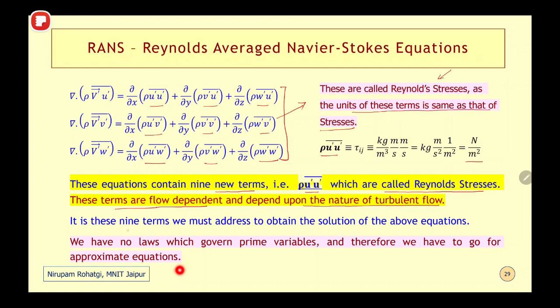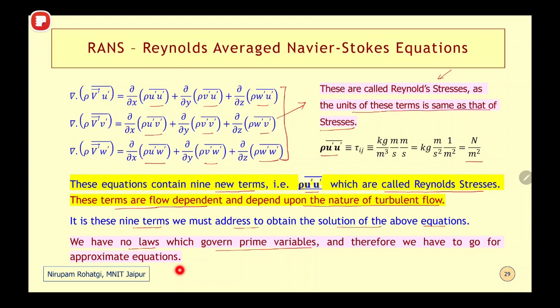Now, it is these 9 terms we must address to obtain the solution of the above equation. Unless you solve them, you cannot find the solution. Right? And then we have no laws which govern the prime variables. Now, how do we define these prime variables?